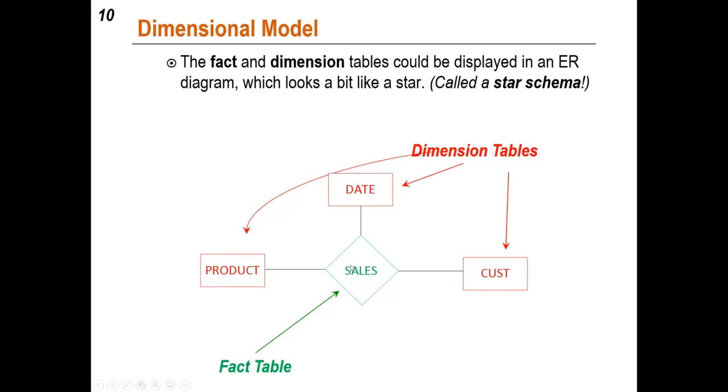The main reason is so we can find out which customer bought which product at which date, which time, etc. So going through these different dimensions, we can create queries to handle these facts, right? To aggregate queries to handle these facts. So that is basically what the ER diagram looks like in the data warehouse.